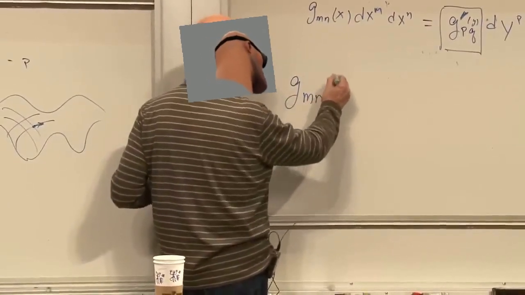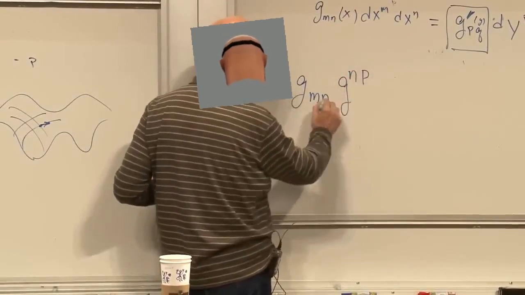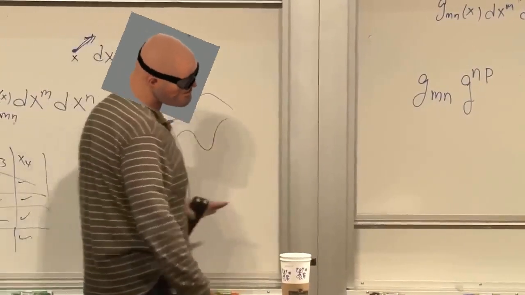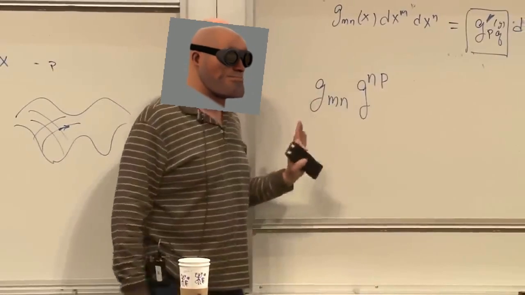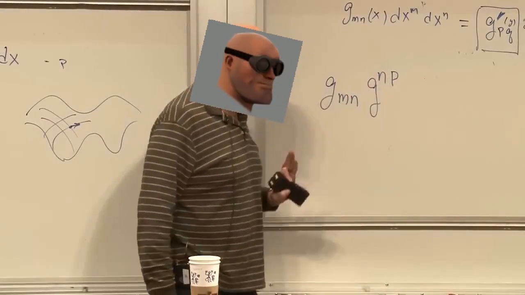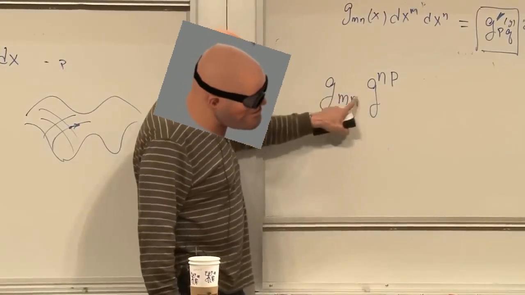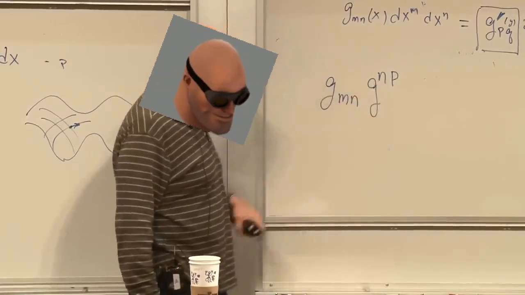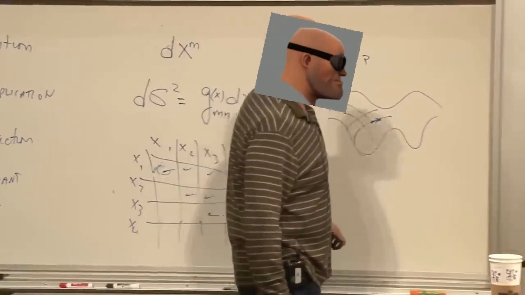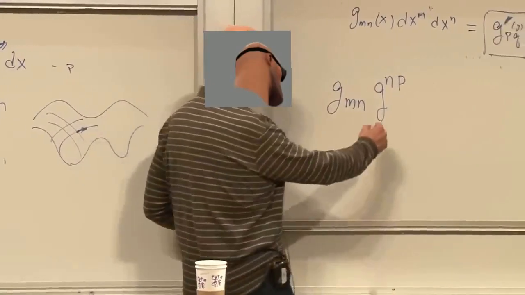GMN times GNP, summed over N, contracted. This is a legitimate expression here if GNP is truly a tensor. If GNP is truly a tensor with the upstairs index, then this is a legitimate product of two tensors with the index N contracted. Can you guess what the answer is for this product?